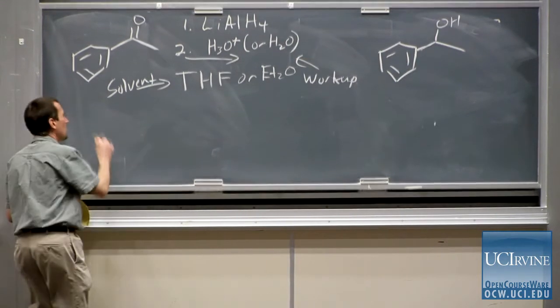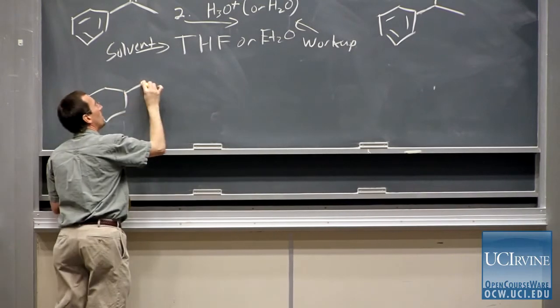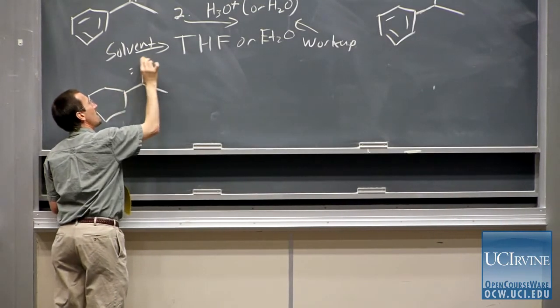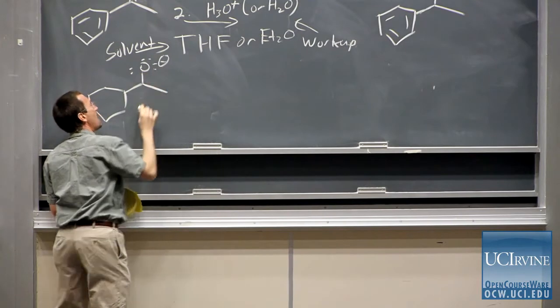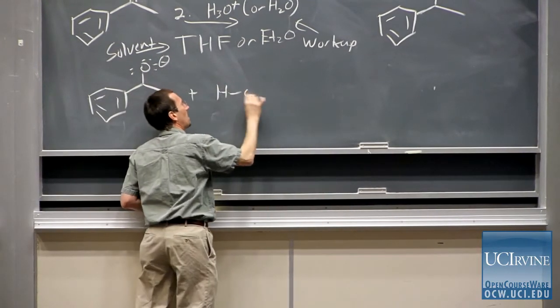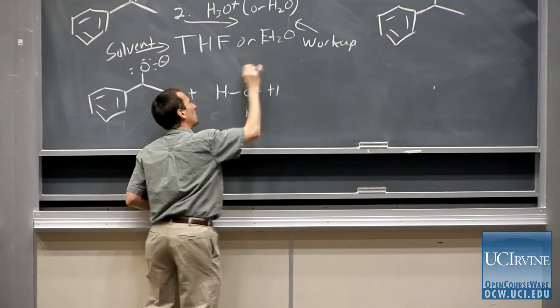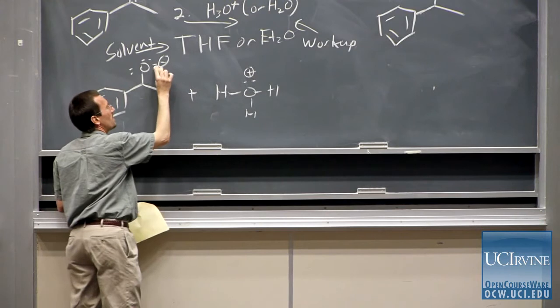And as I said, I'll just write it explicitly, our workup ends up taking our alkoxide anion, and we have the alkoxide anion plus H3O+ hydronium ion, or plus water under the right circumstances.